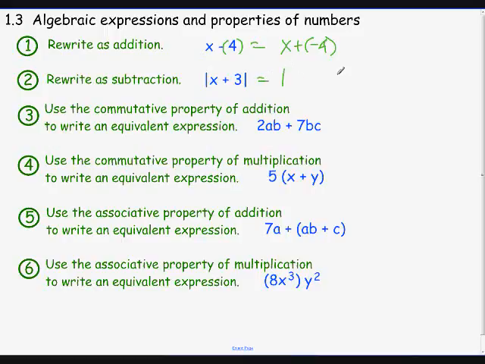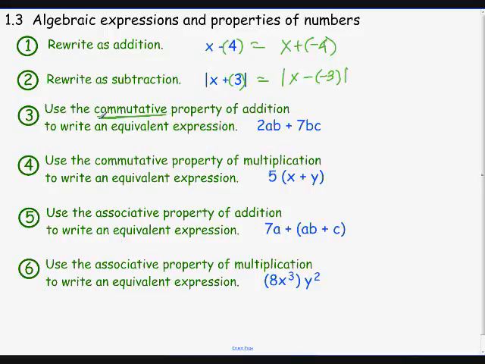It's just a matter of practicing this. So instead of saying x plus a positive 3, we're going to say x minus, and then we're going to do its additive inverse, which would be a negative 3. Those are equivalent.